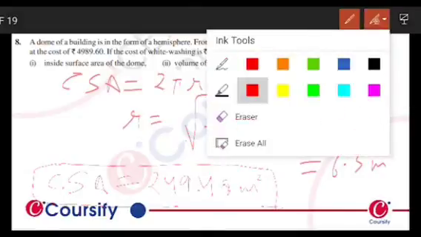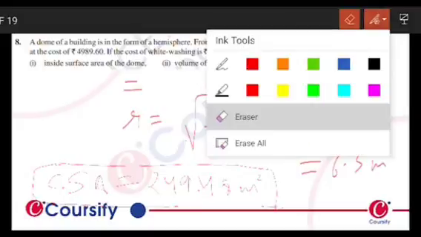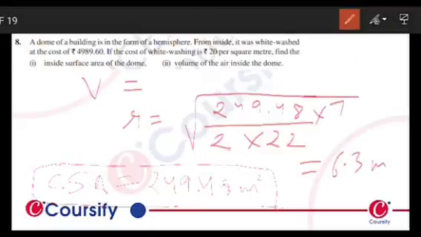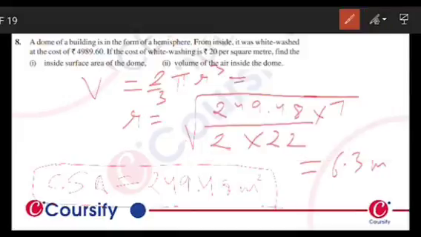So now using the formula for volume, volume is equal to 2 by 3 pi r cube. We can also write it as CSA, that is 2 pi r square, into r divided by 3.